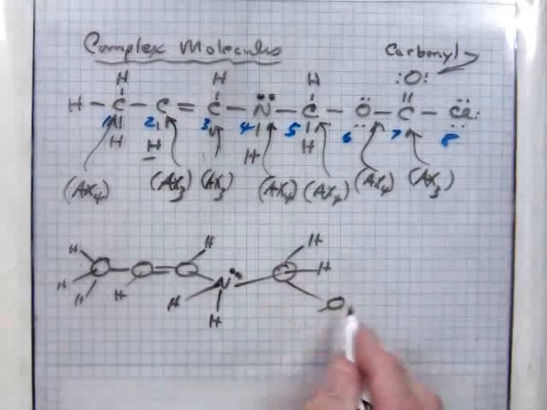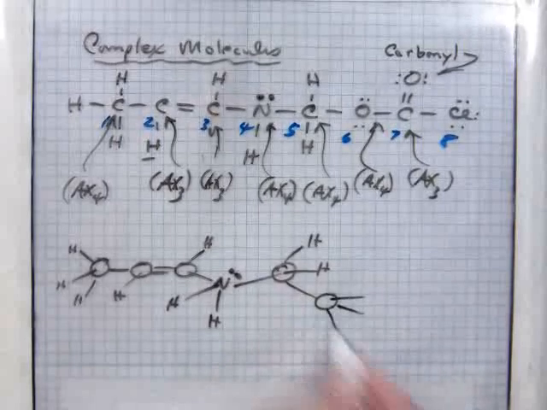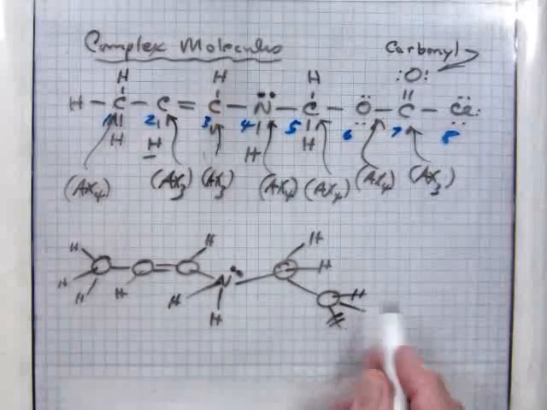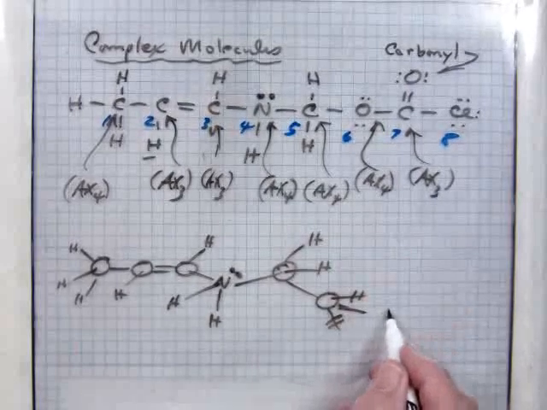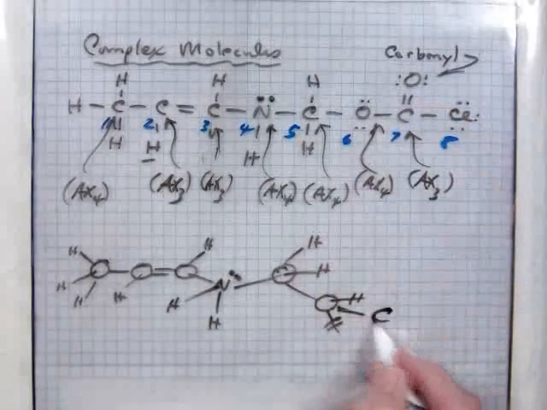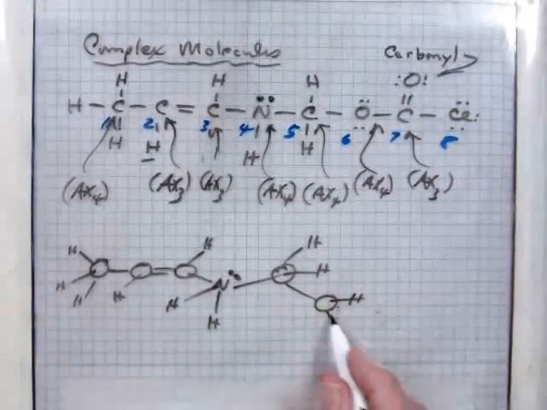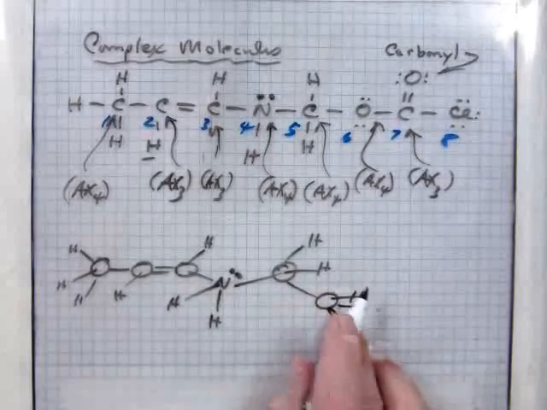Let me see if I can get you a tetrahedron out of this. There we go. And you got double bond, and then this one in the back goes off to that carbon back here in the carbonyl. I'm going to put that carbonyl down here so you can see it. I'll put the other pair right there.